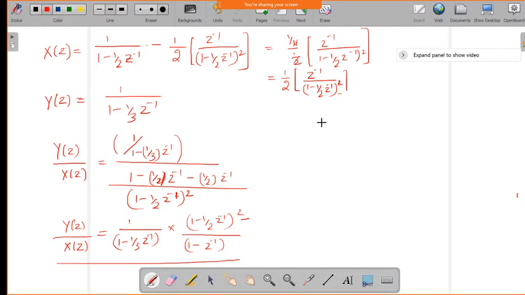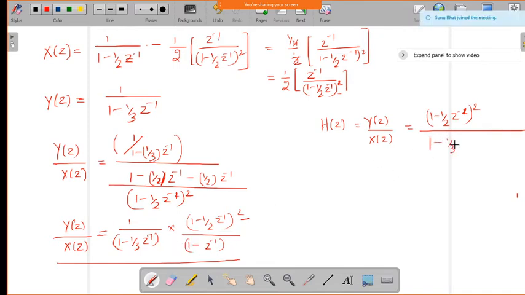Okay, so now you have H of Z, which is equal to Y of Z divided by X of Z, which is given by (1 minus half into Z power minus 1, that's Z inverse) whole square, divided by, so now we can multiply these two, so you will get 1 minus 1 by 3 Z power minus 1, so minus Z inverse plus 1 by 3 Z power minus 2.